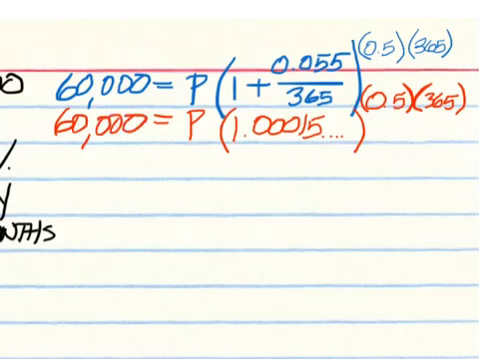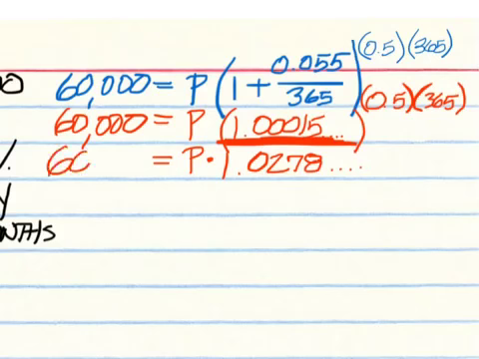So leaving the number in your calculator, hit the caret, left-hand parenthesis, 0.5 times 365. And you should come out with a number that is approximately 1.000278, and on out. And we'll keep our 60,000 here.